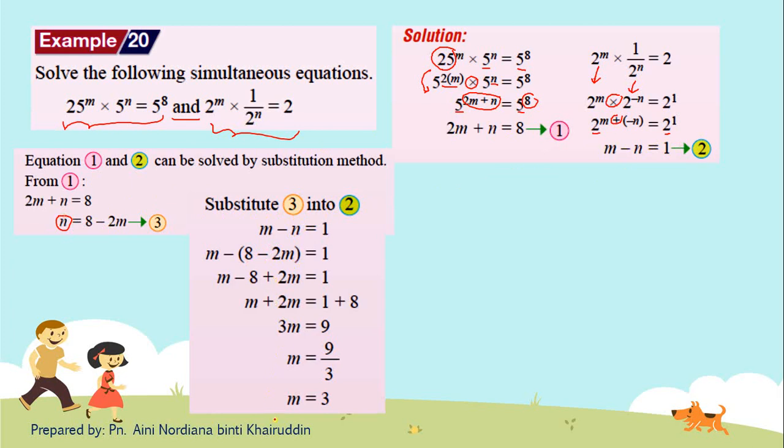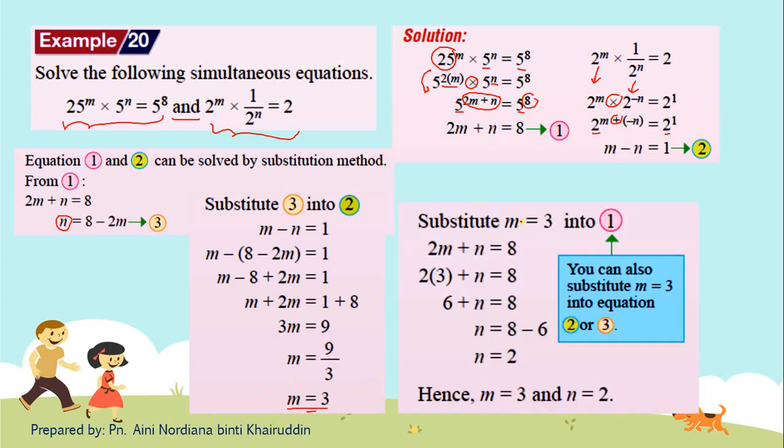Then you solve this, you will get m equals 3. Once you get m, substitute m equals 3 into 1 so that you can get the value of n. Hence, the value of m is 3 and n is 2.